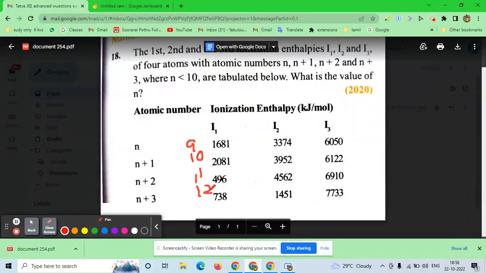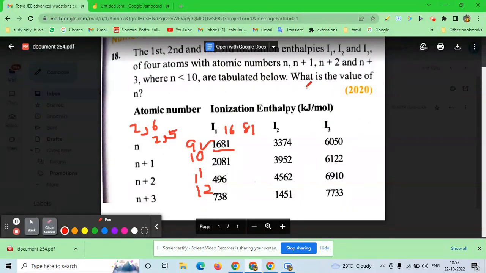Let's check whether it would be 9 here. If it has 9 electrons, the first ionization requires some energy, that is 161. It would also get an octet. To not get an octet here, 2,6 would be the electronic configuration, and it would take some amount of energy. Then 2,5 would be there.